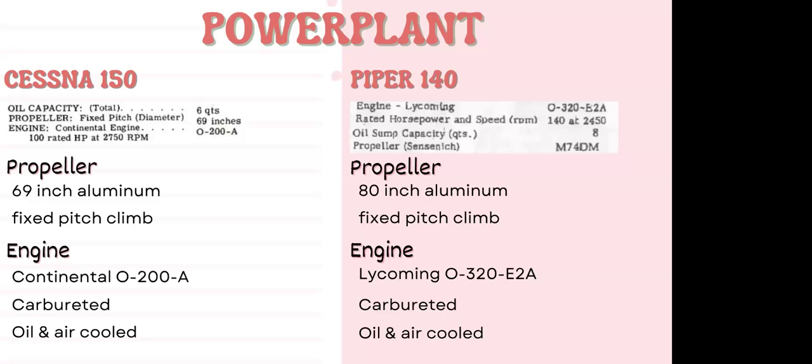The A may signify a certain set of magnetos that this engine has on it, or a certain starter, or it may just signify the variation of engine. So if we have the O200 Bravo, it's a second variation of that engine. Does that make sense?